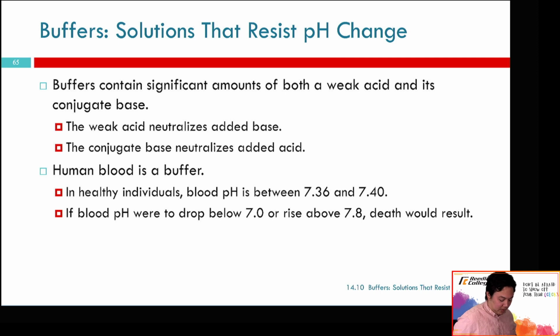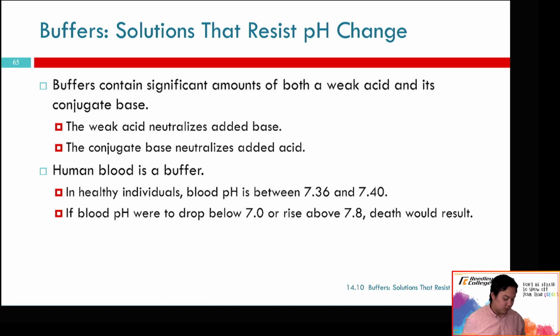So the last thing we're talking about, just very briefly, is buffers. Buffers contain significant amounts of both a weak acid and its conjugate base. So the weak acid neutralizes any added base, and the conjugate base neutralizes any added acid. If you're adding acid or base to a buffered solution, the pH isn't going to change very much until you use up your acid or your conjugate base. Human blood is a buffer.